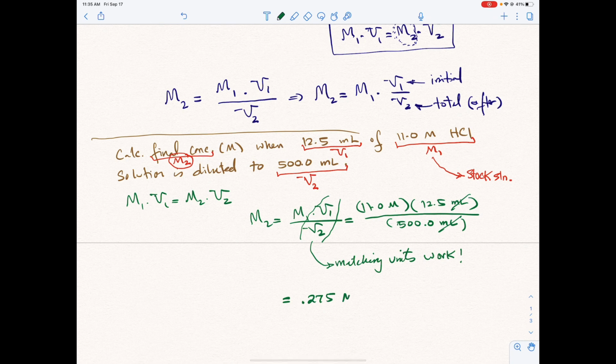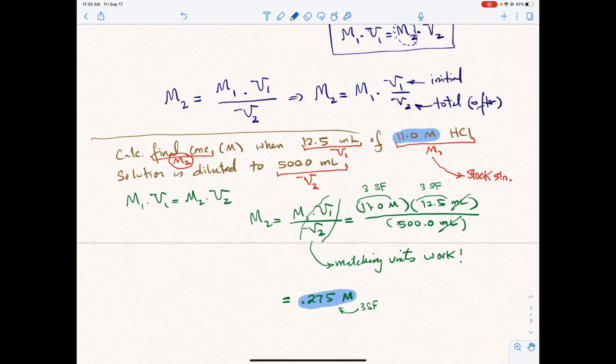And it happens to be the correct sig fig here because 11 molar is 3 sig fig, and 12.5 is also 3 sig fig, so the lowest is 3 sig fig. And this would be 3 sig fig. So we went from a concentration that was 11 molarity of the stock solution to a much lower concentration.